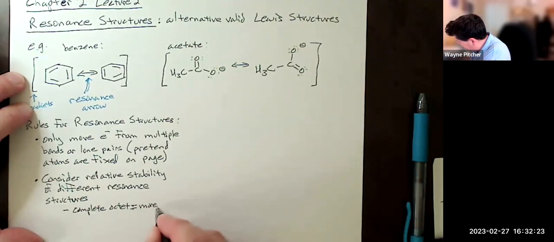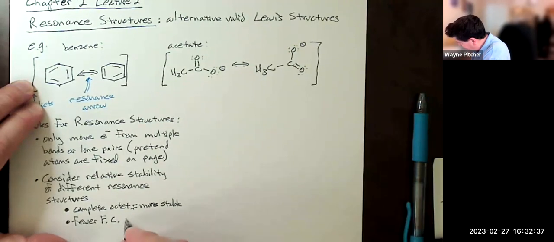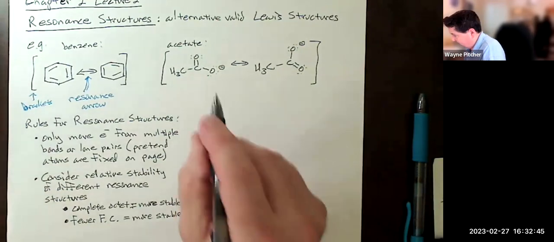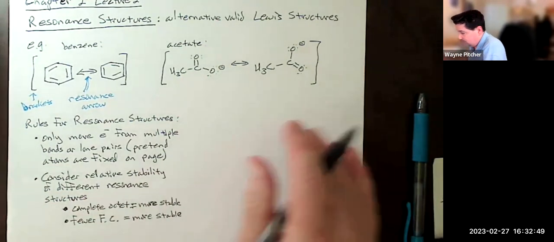We'll say complete octet equals more stable. We'll do these bullet points here. Fewer formal charge equals more stable. And I don't mean fewer total formal charge or total fewer net formal charge. I mean total number of formal charges.